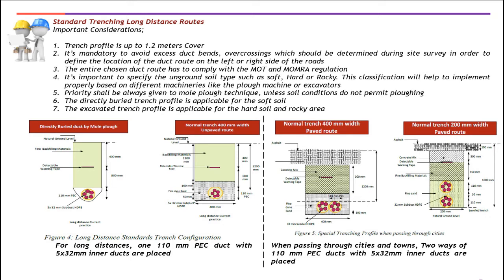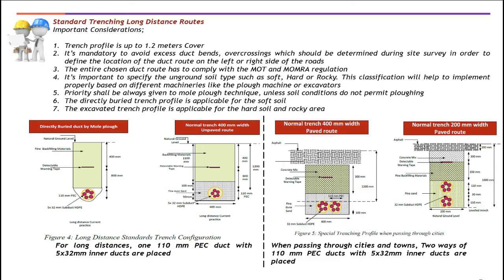Okay, let's discuss the standard trenching for a long distance network. In this slide, you will see the different types of trench and duct configuration. Depending on the type of pavement that has to be trenched, the applicable trenching method must always be observed. As a standard, the depth of a trench in a long distance network must be 1.2 meters from the top of the duct with respect to the ground level.